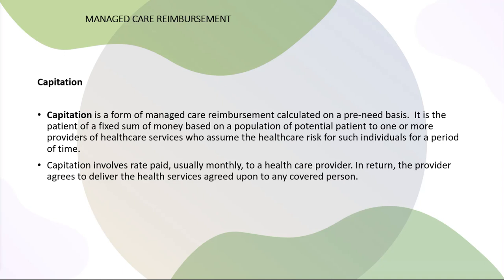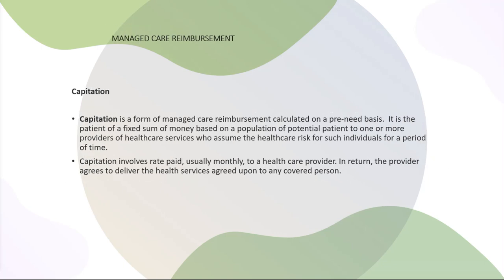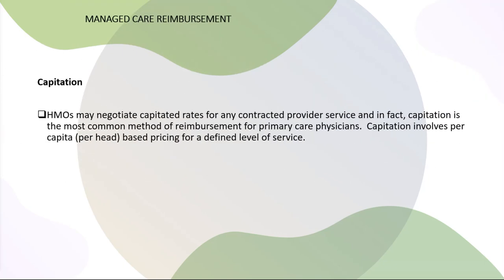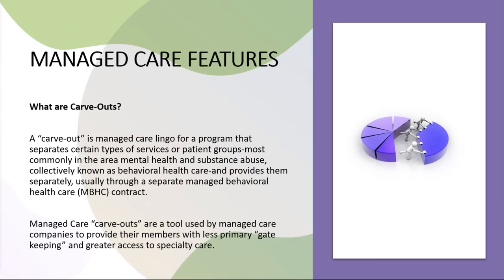In return, the provider agrees to deliver health services agreed upon to any covered person. HMOs may negotiate capitated rates for any contracted provider service, and in fact, capitation is the most common method of reimbursement for primary care physicians. Capitation involves per capita, per head based pricing for a defined level of service.